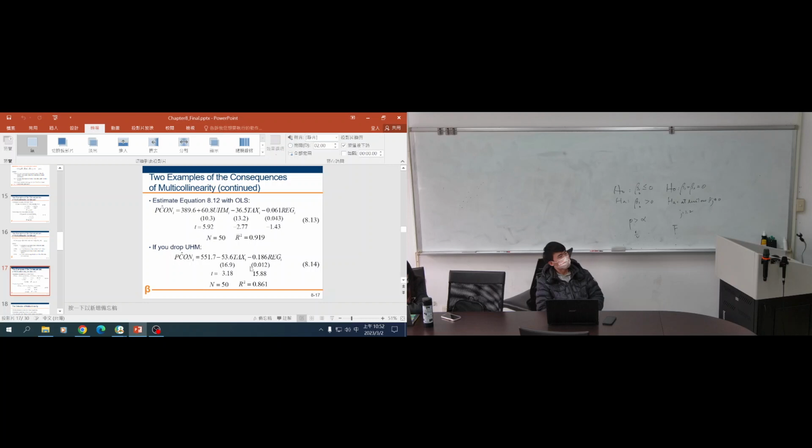R squared is really high, which means the model is pretty good. When we test the whole model using R squared, look at the alternative hypothesis: at least one beta not equal to 0. What does that mean? I have 3 variables. As long as at least 1 variable is significant, then the model is fit. The others may not be very significant, but never mind.